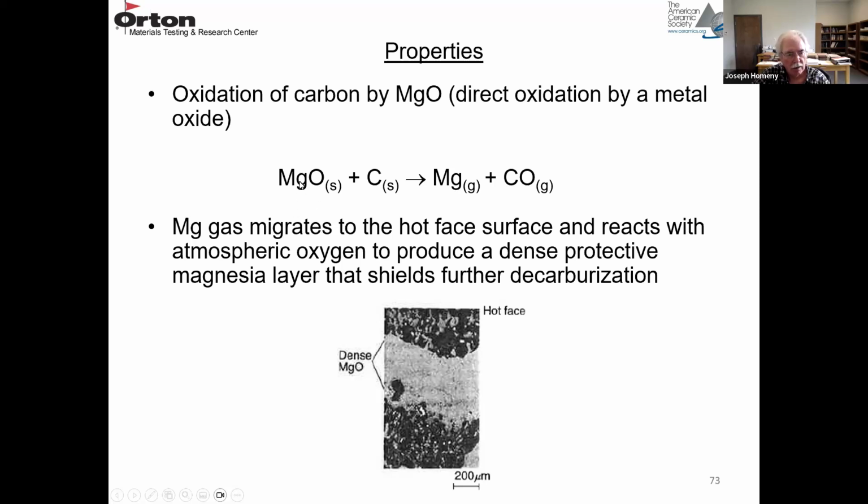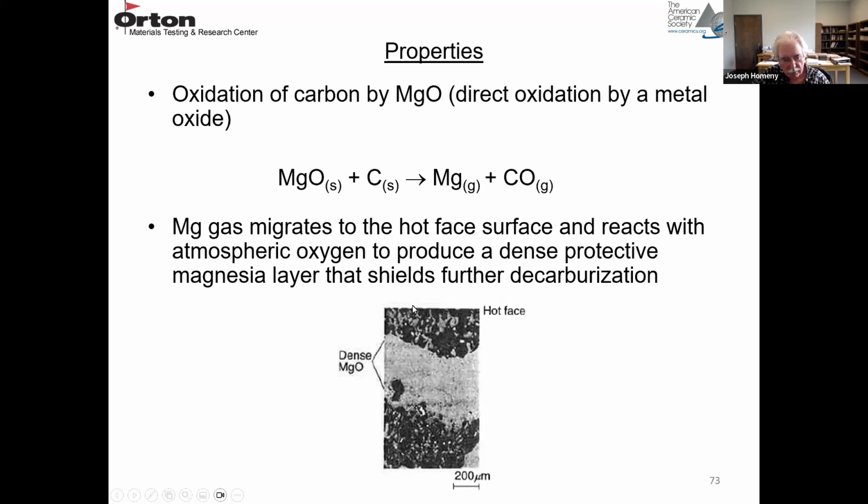It has to be a fairly high temperature to have this reaction go to the right and remove oxygen from the magnesia. So right at the hot face, this reaction takes place. The Mg gas diffuses to the hot face, and then it reacts with the ambient atmosphere, which contains oxygen. So it goes backwards. The Mg gas reacts with oxygen to form MgO again.